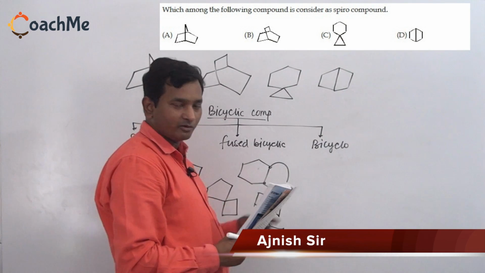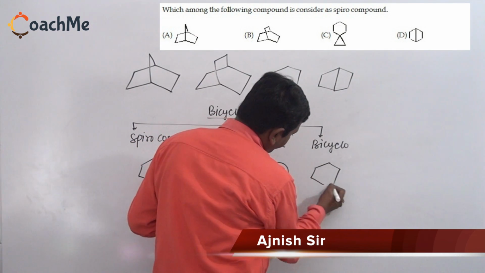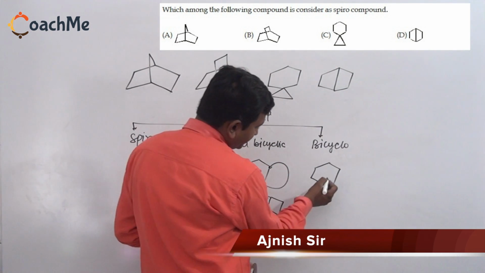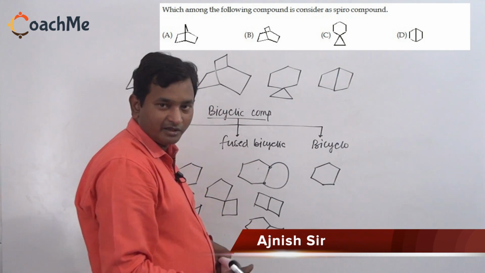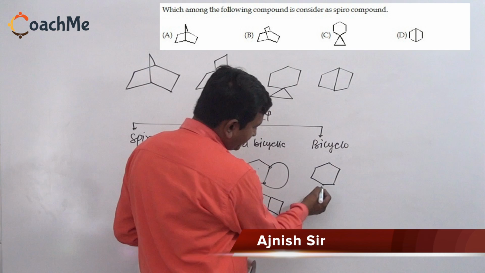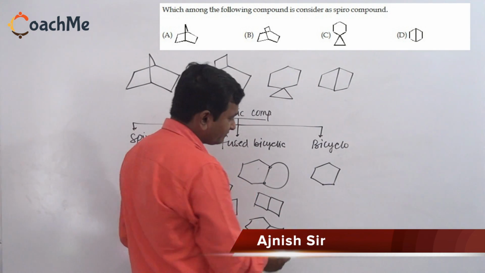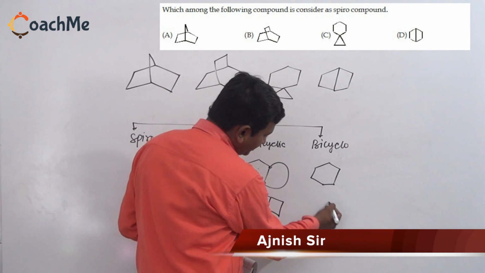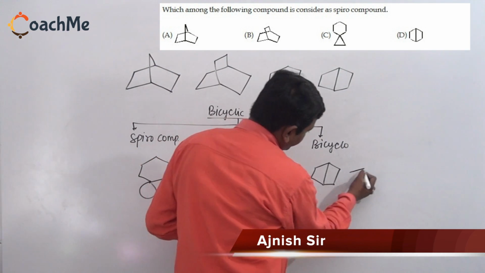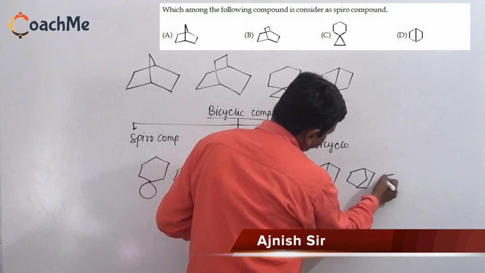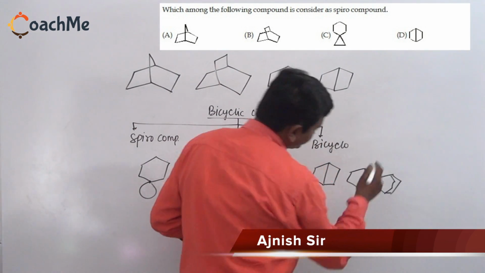And bicyclo compound. Bicyclo compounds are those in which, if this carbon and this carbon are left, any other carbon is attached with this carbon. That is, the ring is not formed this way or this way. You can form a ring by this way.